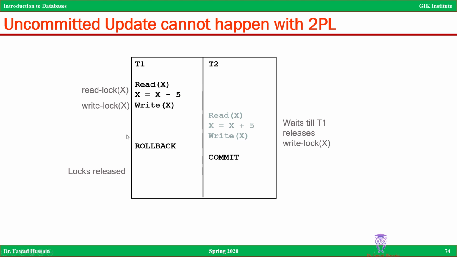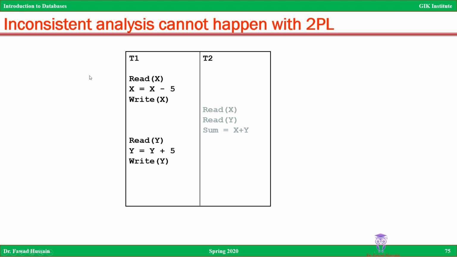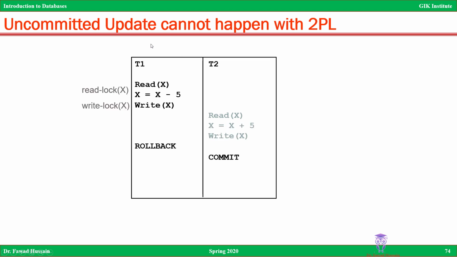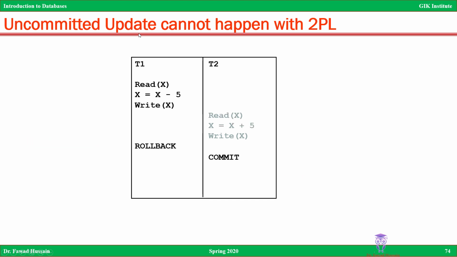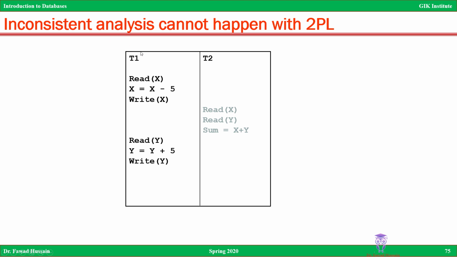You have a rollback, and then the X that was locked for writing is now released, and then T2 can continue. Otherwise it's going to wait for T1 to release the lock, and the lock will be released after the rollback. So inconsistent analysis also cannot happen. So we cannot have a lost update, we cannot have an uncommitted update, and we cannot have an inconsistent analysis.